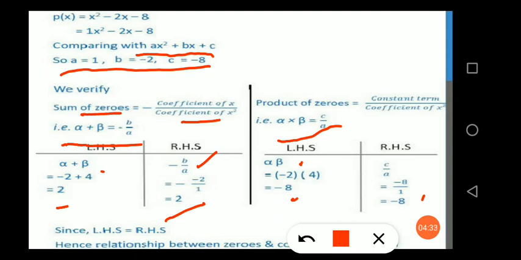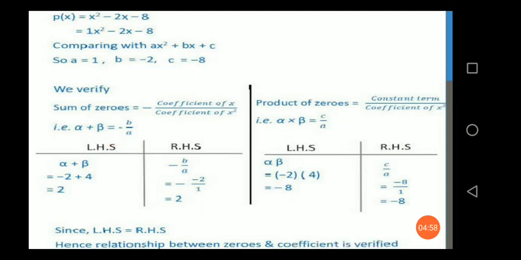Always remember, students, that whenever it is said to verify the relation between zeros and coefficients of a polynomial, you have to verify both the relations, the sum relation and the product relation. Both relations you have to verify. We cannot stick to only one relation.